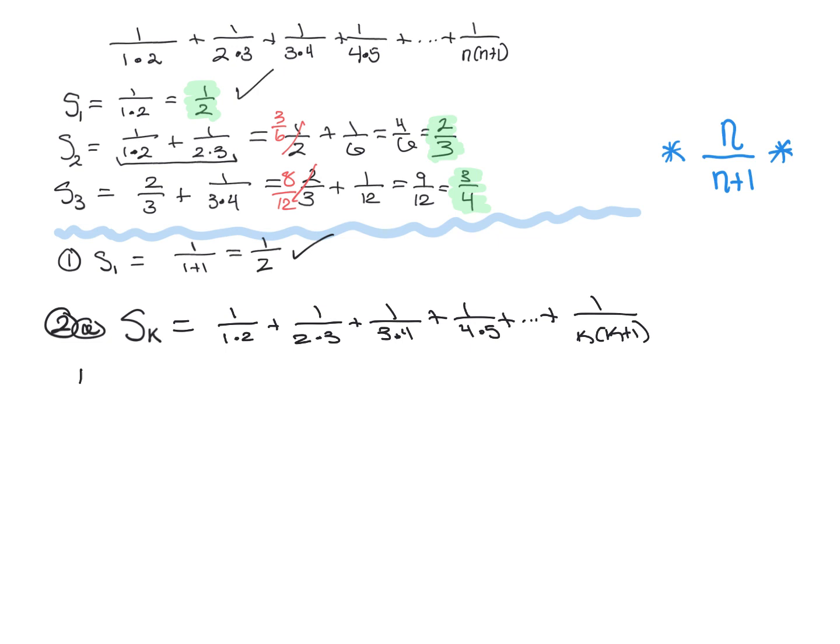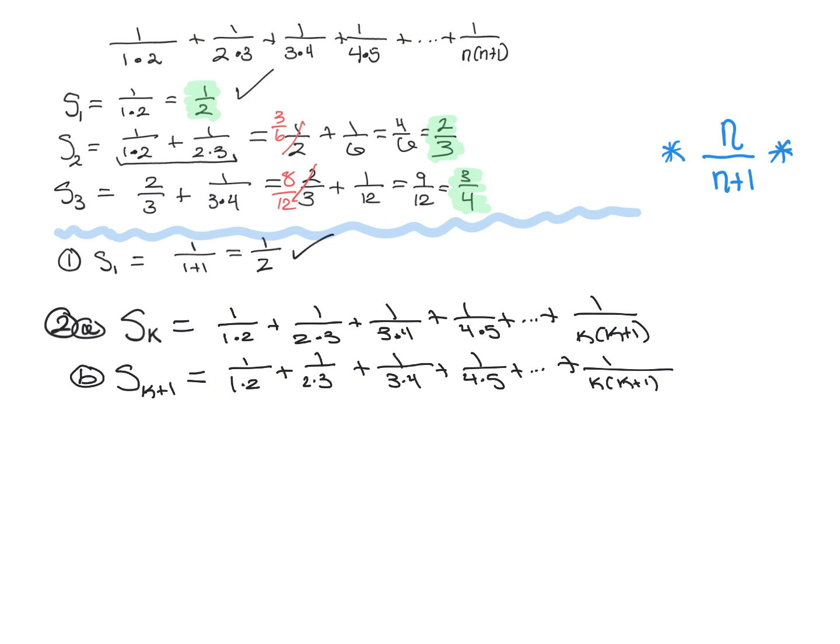So we assume that to be true, and then I have to prove it for the k plus 1 term. So this thing should be 1 over 1 times 2 plus 1 over 2 times 3 plus 1 over 3 times 4 plus 1 over 4 times 5 plus and so on, plus 1 over, be careful, k times k plus 1 plus, oh, sorry, I forgot. We need to plug our formula in right here.